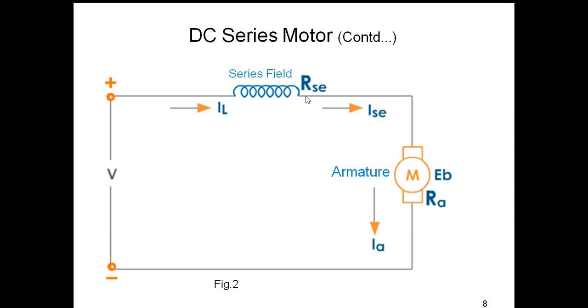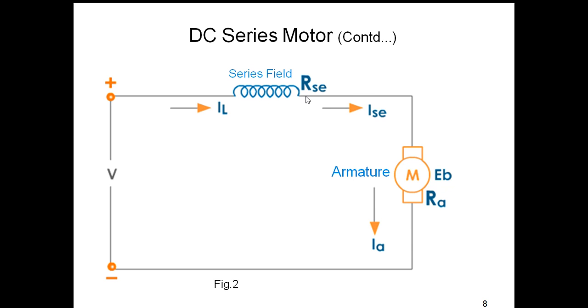RSC represents the resistance of series field winding, and ISC indicates the series field current, and IA represents the armature current.